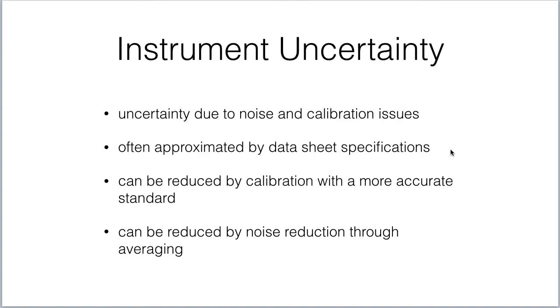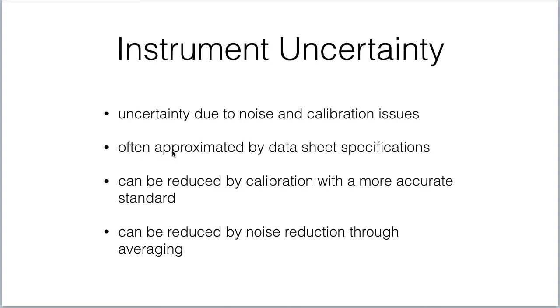We can move up to a higher order uncertainty if we look also at the instrument uncertainty. And that's uncertainty due to noise and calibration issues or lack of calibration of our instruments. If our signal is constantly giving us different numbers just due to noise in the environment, then that's going to introduce some uncertainty.